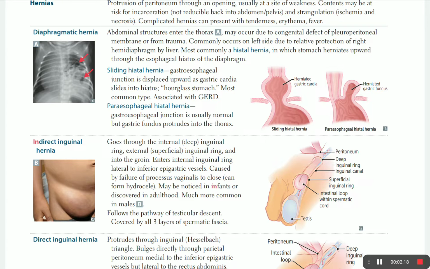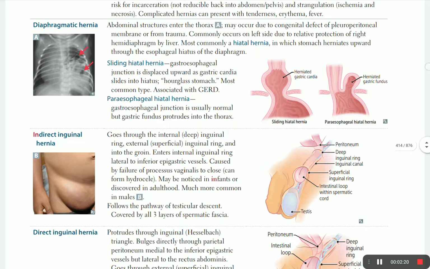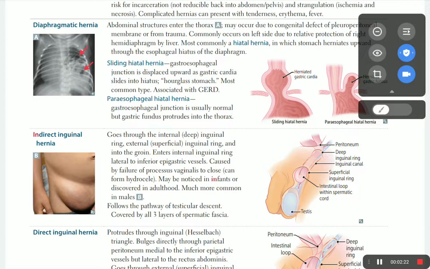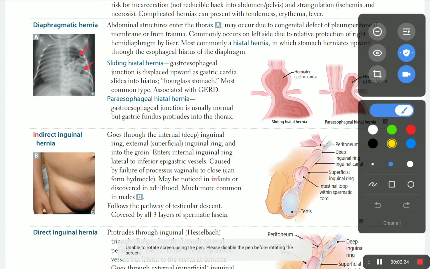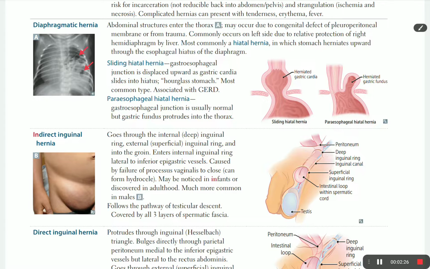Sliding hiatus hernia, that means the stomach itself is sliding. We see the junction between the stomach and the esophagus sliding inside the thoracic cavity, and the esophagus goes back.